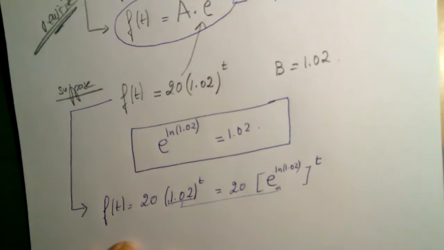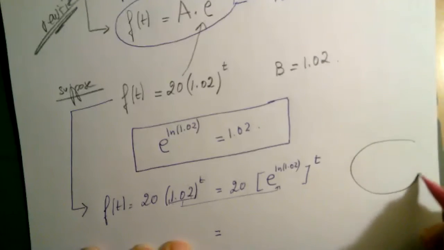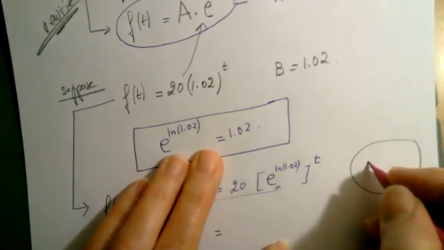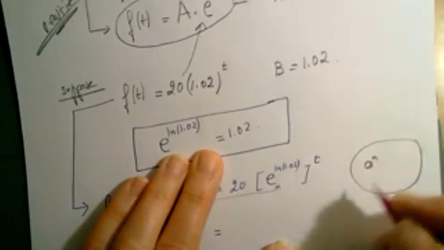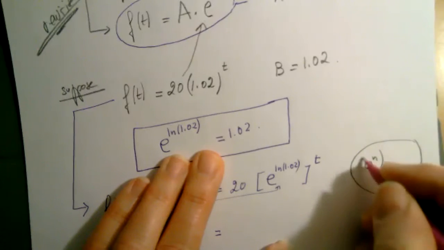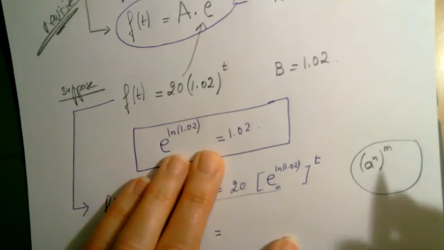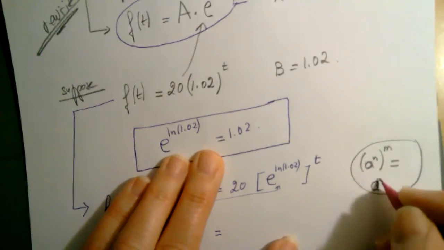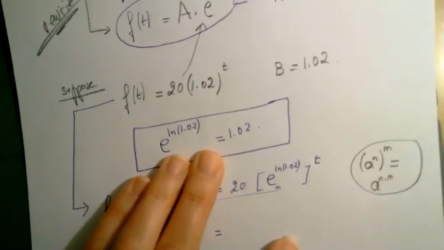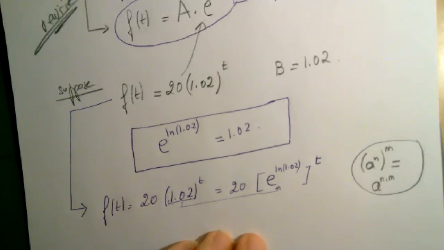That's actually going to be the key idea. Now this is equal to what? The property of exponentials is the following. If I have a to the n, and I raise the whole thing to the power m, this is a to the nm. We multiply the powers.